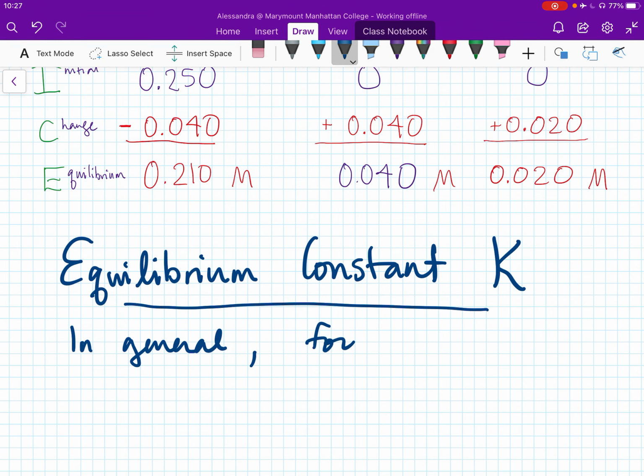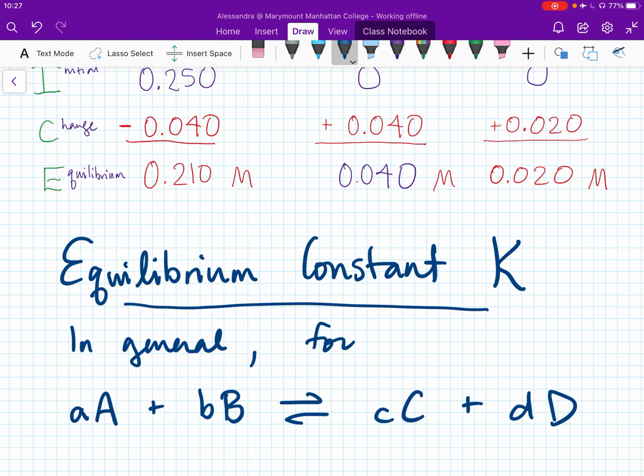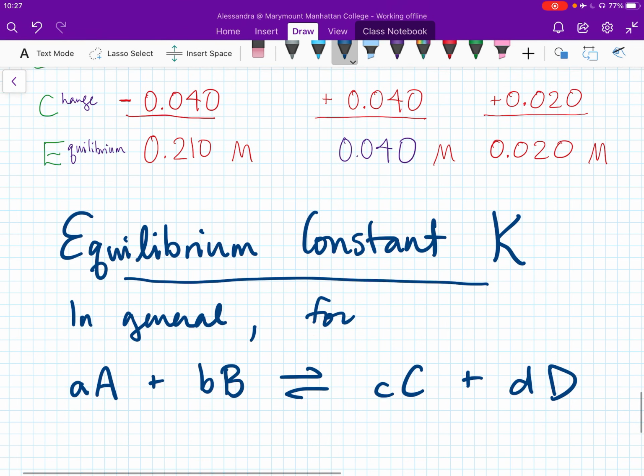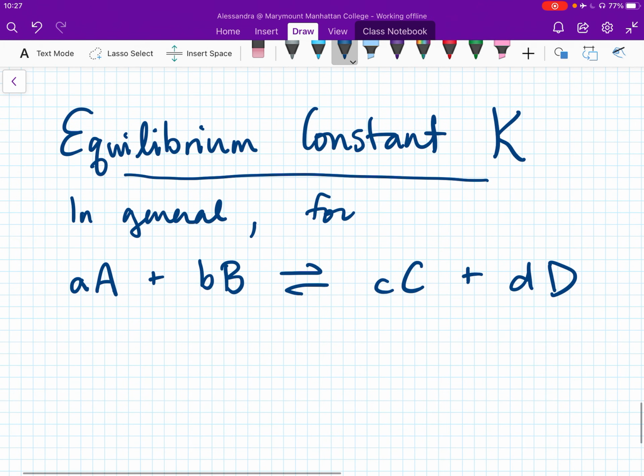In general, for the generic reaction, this is not a real reaction, I'm going to say aA plus bB is in equilibrium with cC and dD, where the uppercase letters are the chemical species and the lowercase letters are their stoichiometric coefficients.